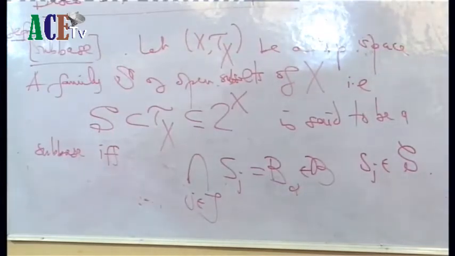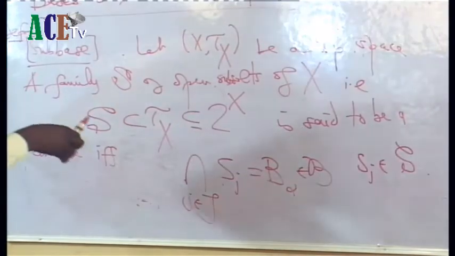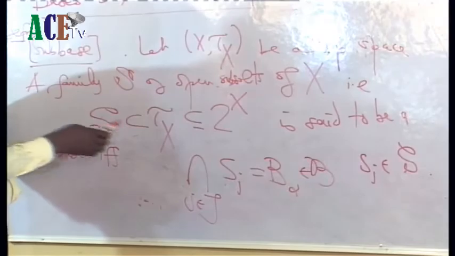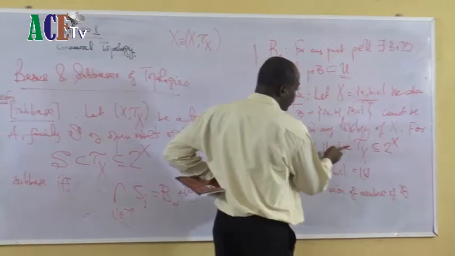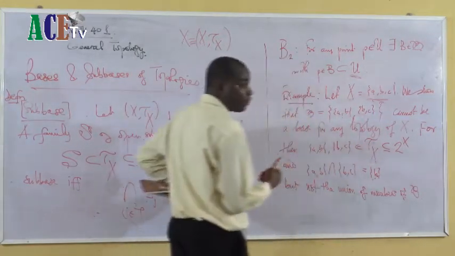For instance, let's take a look at what we have here. This is a subset of the topology, and you need to know that if you pick this pair, it's still a subset of this topology.